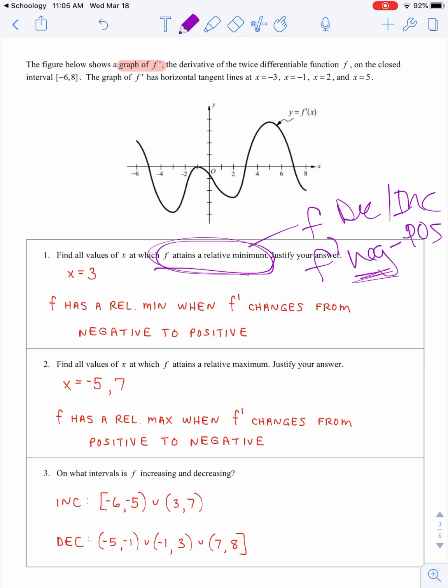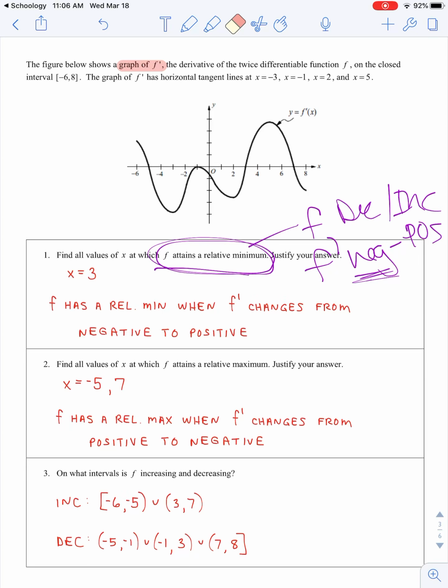So if I just follow this graph, I'm above, I'm below. Actually, that point would be a maximum because the derivative just went from positive to negative. I'm looking for a minimum, so I want to know when is this graph changing from below to above, right there at 3. So that's the answer for number 1.